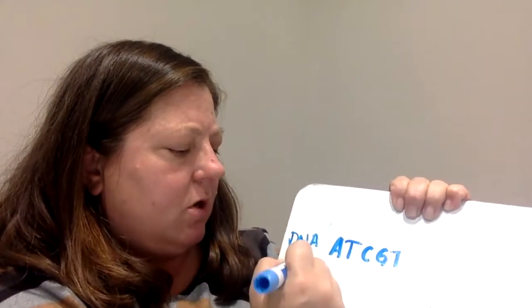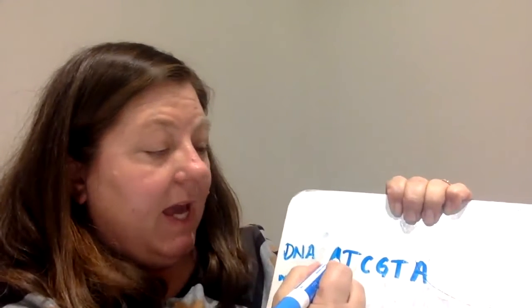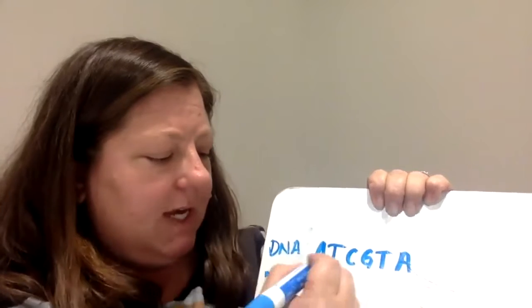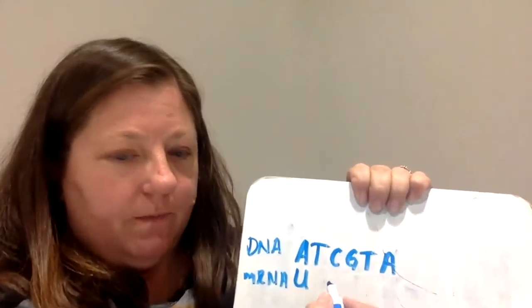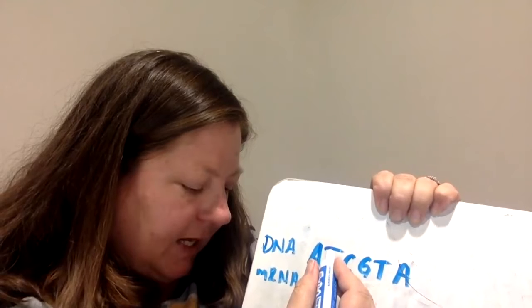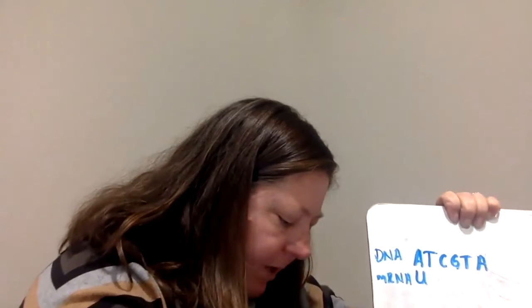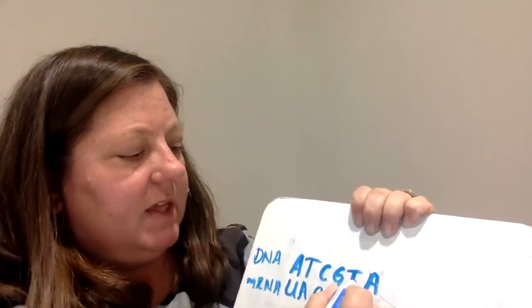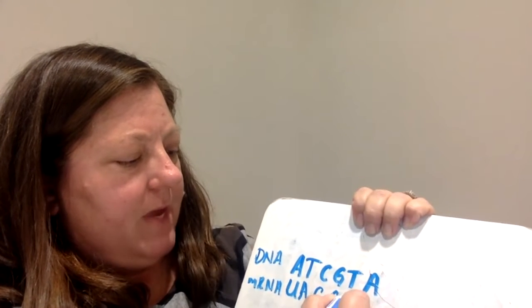So the messenger RNA will match up what it needs to. A usually goes with T in DNA, but there's no T in messenger RNA, so you have to use a U for uracil. And then there's a T here, so we're going to put an adenine there. We're going to put a guanine there, a cytosine there. We're going to put an adenine there.